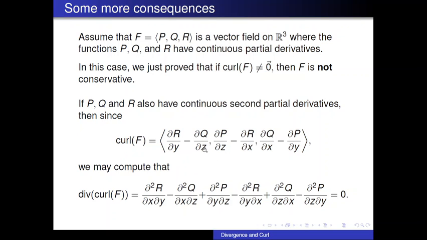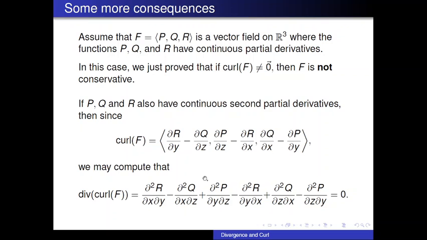What happens there? Well, we take the partial derivative of this first expression with respect to x, plus the partial derivative of this second expression with respect to y, plus the partial derivative of this third expression with respect to z.